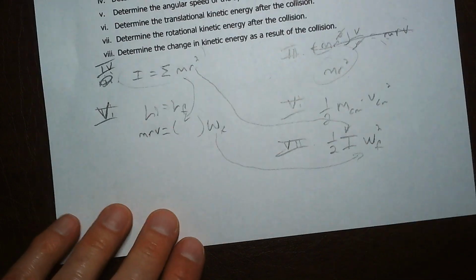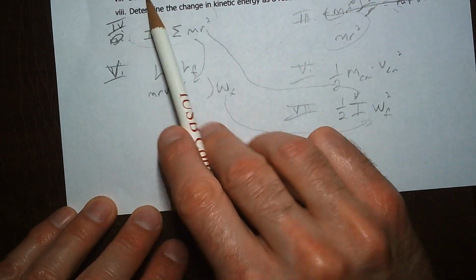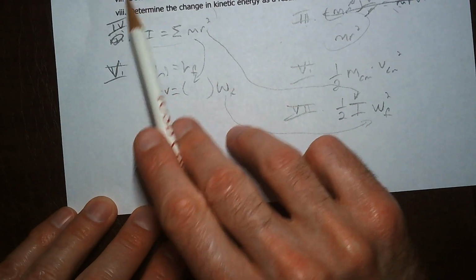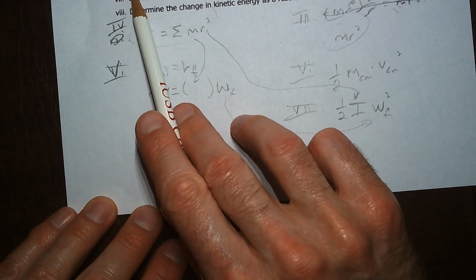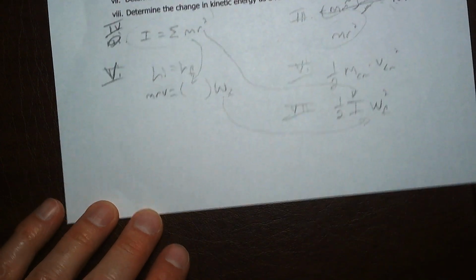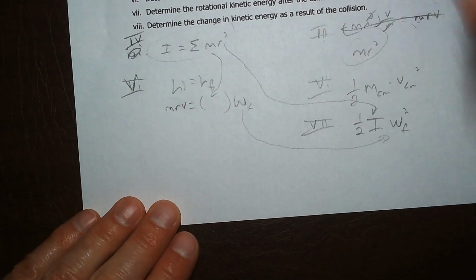Okay, determine the change in kinetic energy as a result of the collision. Well, we just found, oh, I thought, no, I guess we didn't. Well, we know from up here what our initial kinetic energy is.